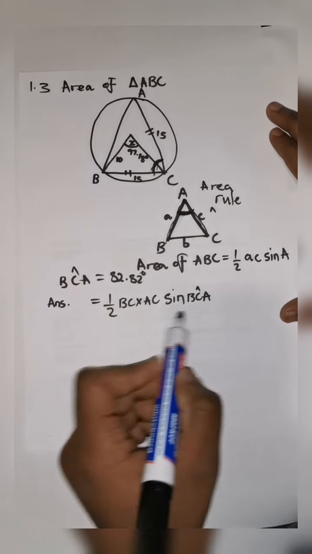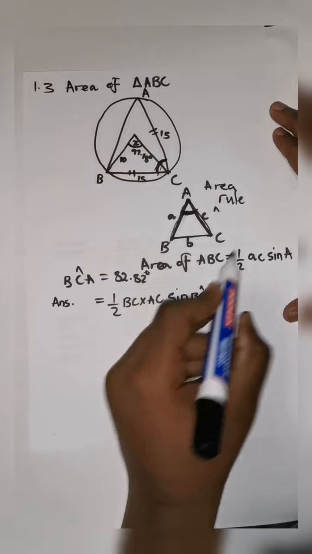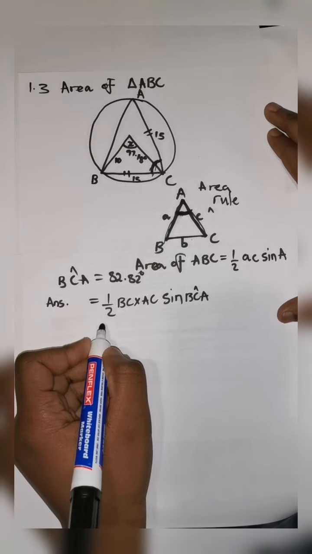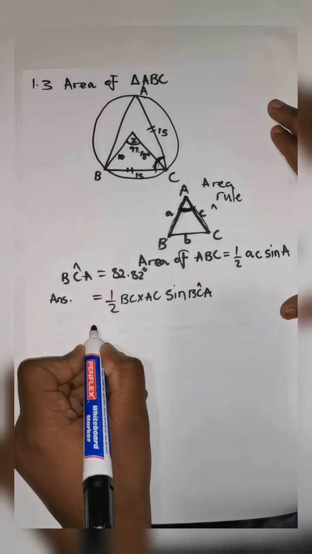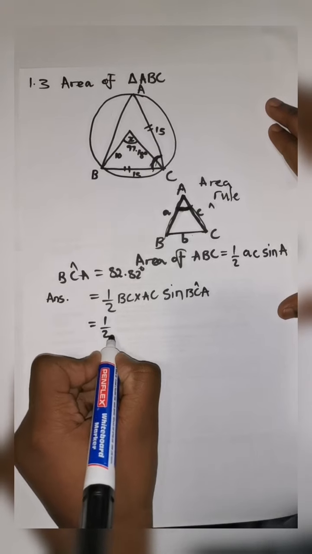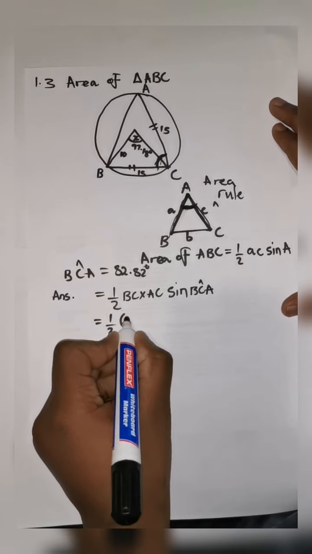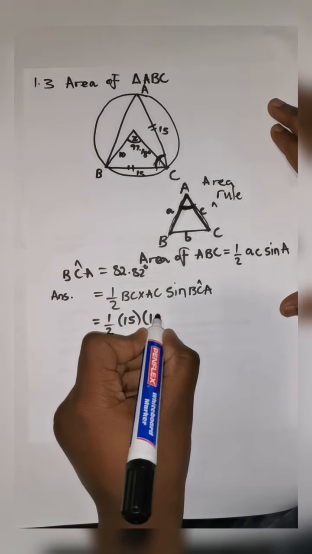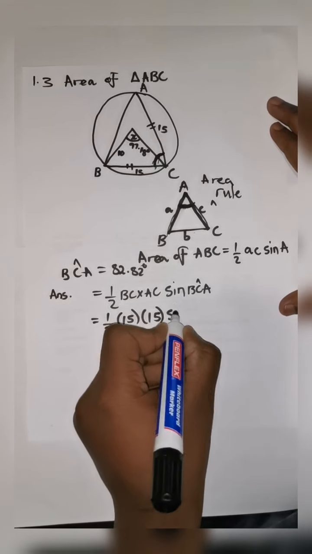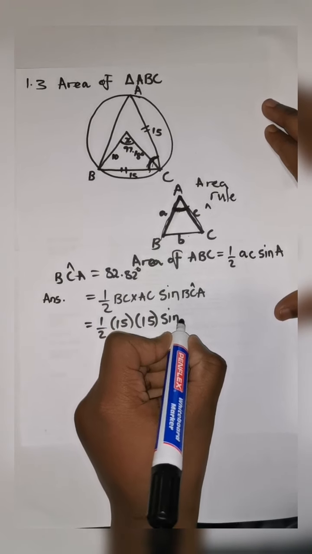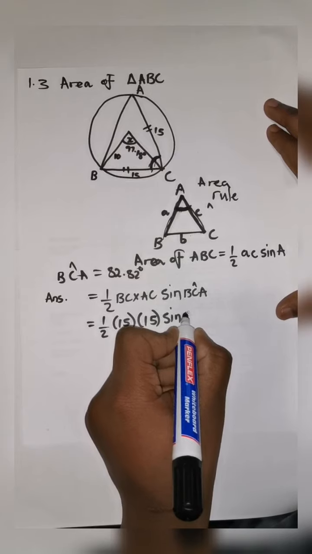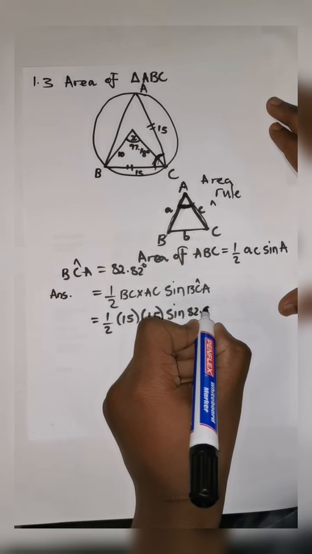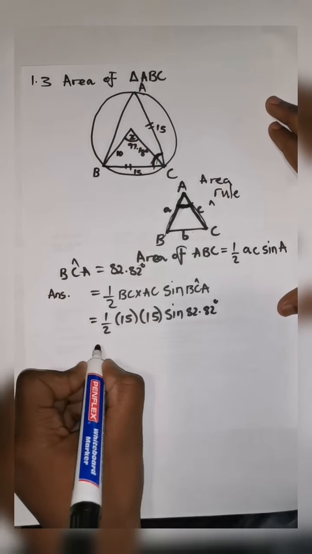If you've understood my explanation of the area rule, you'll see that this is correct. Half times BC, that's 15, times AC, that's 15, times sine BCA, that's 82.82 degrees.